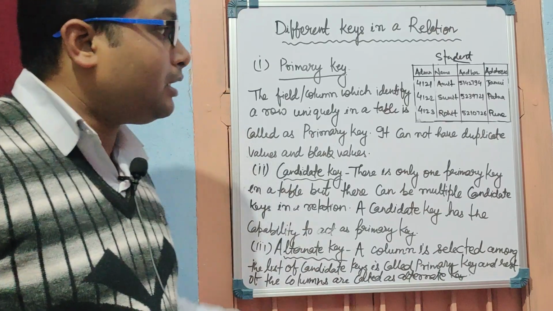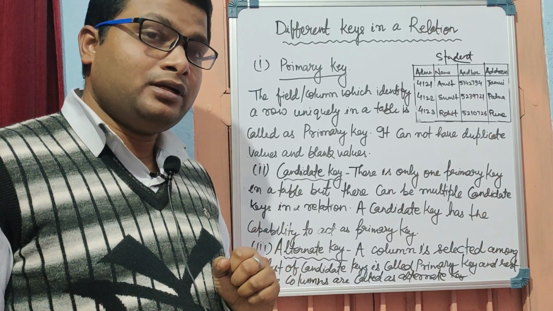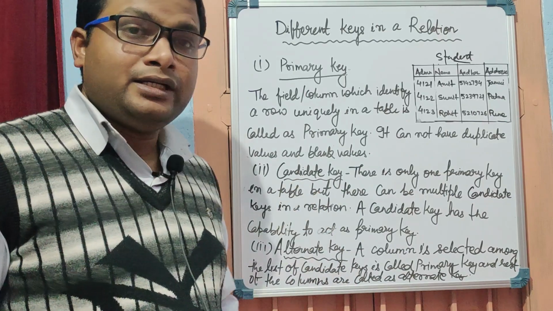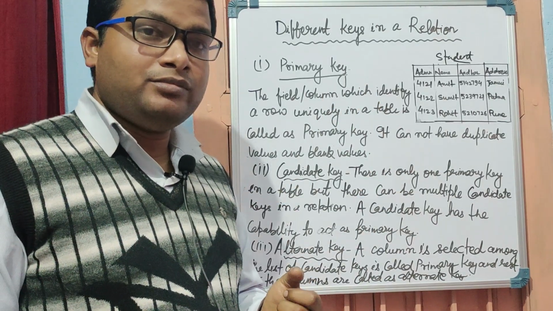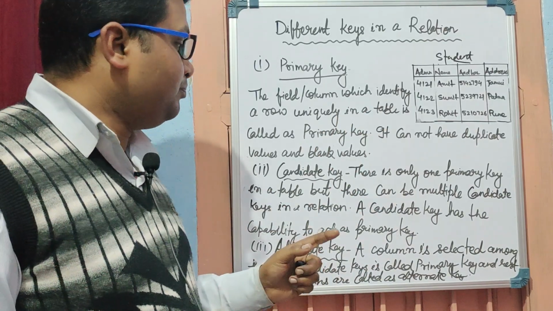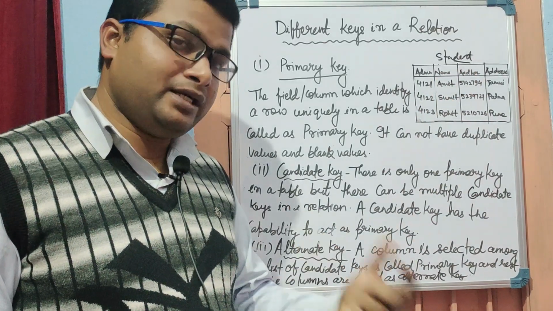Primary key means it cannot have duplicate values, it cannot have blank values, and in a table there is only one primary key. And candidate key, all the columns which can act as primary key will be selected as candidate key. Okay, so there are two columns, admission number and Aadhaar number, that will be candidate keys.